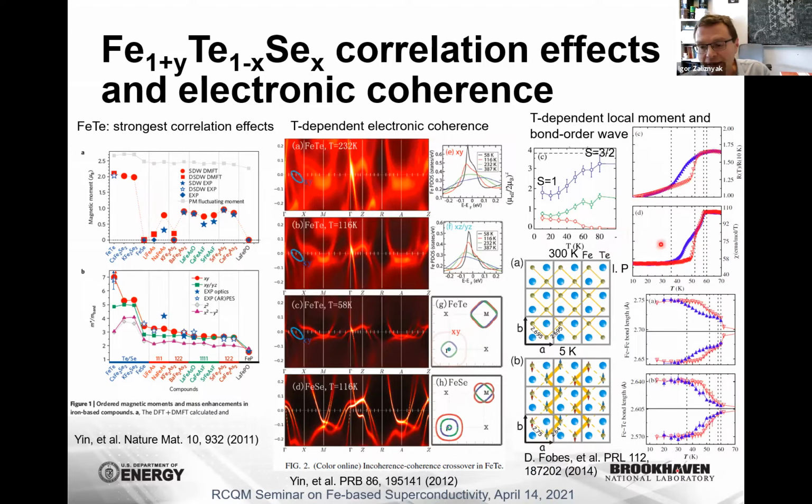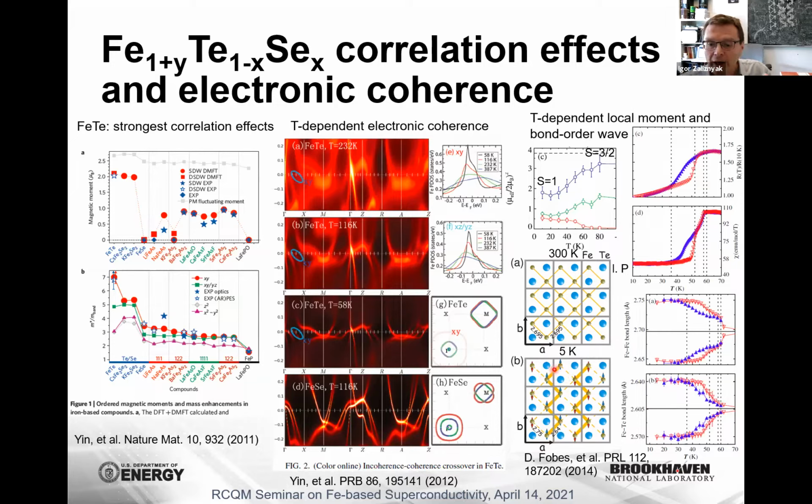We have later discovered that this transition is actually accompanied by formation of the bond order wave made of zigzag ferromagnetic chains. So this is a sort of orbital order that develops when electrons become coherent. This order, by the way, explains this double stripe magnetic order as the order of antiferromagnetically coupled ferromagnetic zigzag chains, similar to the situation in manganites.